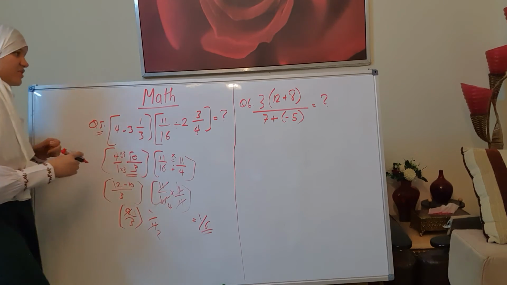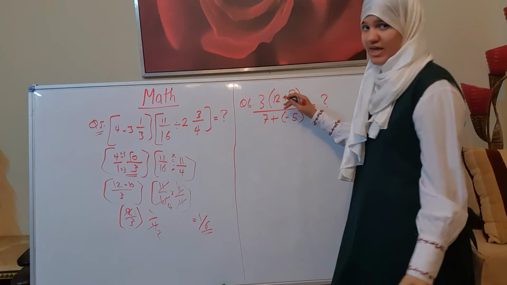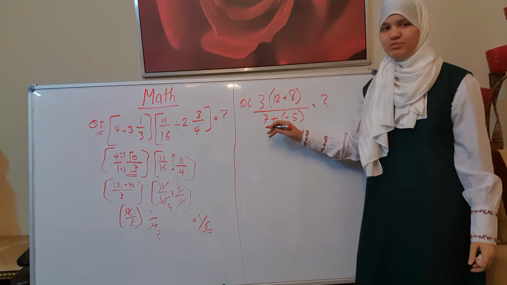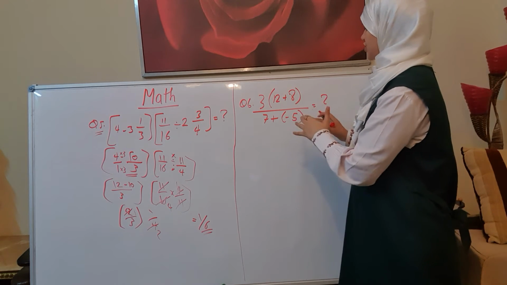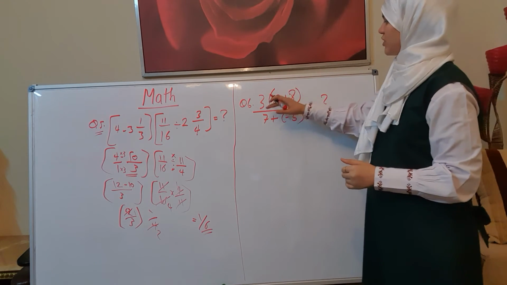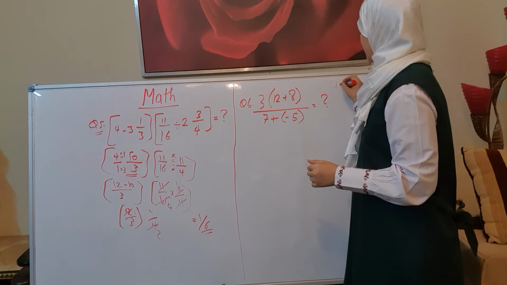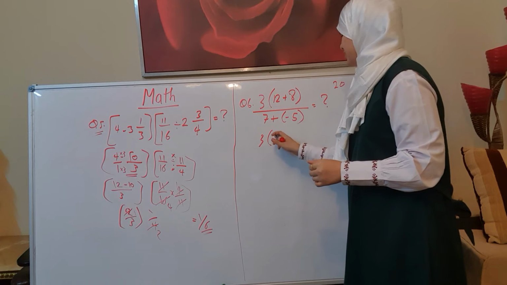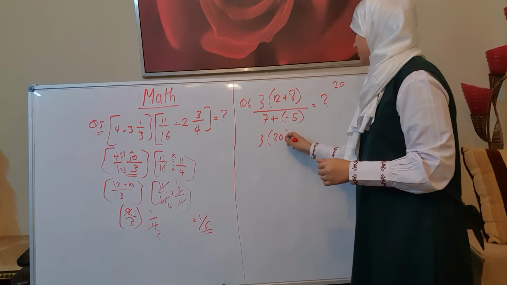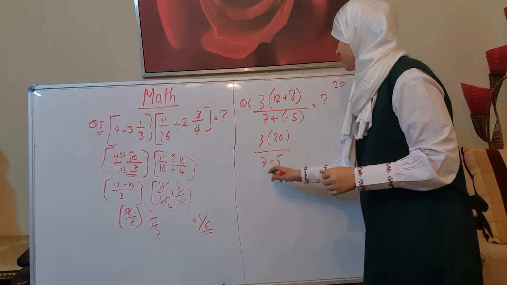Now question number 6 says 3 times the bracket of 12 plus 8 over 7, plus the bracket negative 5. First, we finish inside the bracket: 12 plus 8 is 20. So 3 times 20 over 7, negative 5.